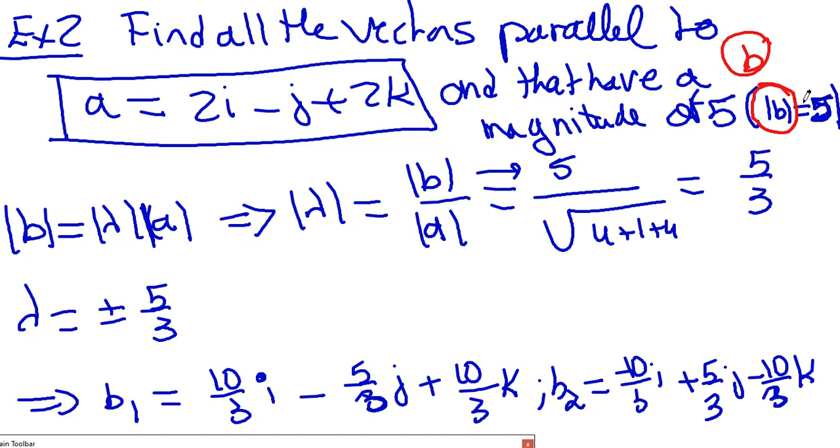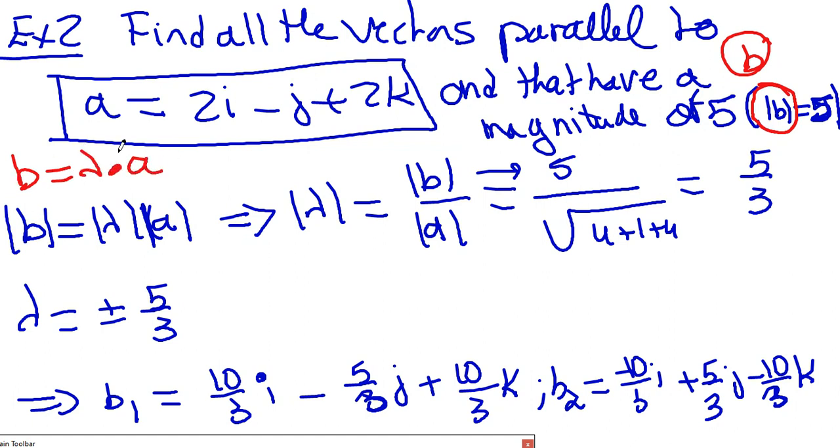Guys, when I say collinear vectors or parallel vectors, it means I can write a relation, for example b = lambda a, or alpha a. We know this from the preceding chapter. They are parallel or collinear vectors, so b is equal to a constant times the other vector.